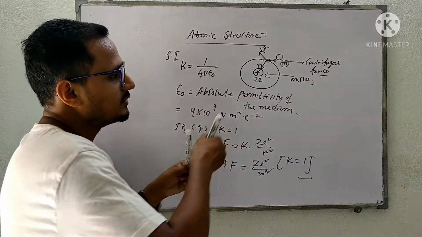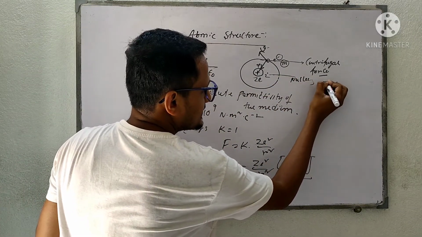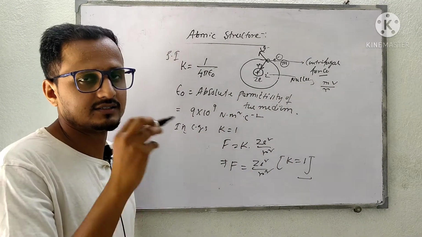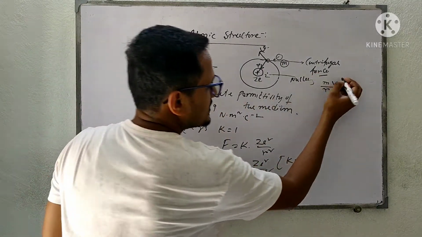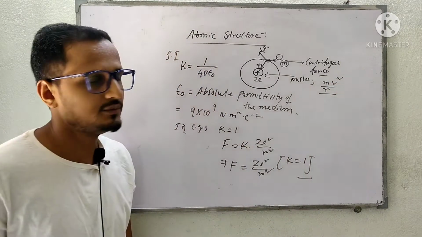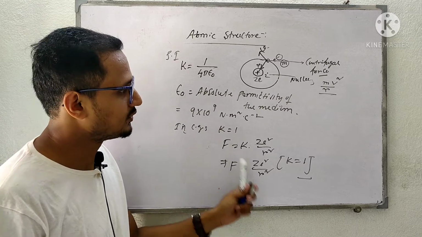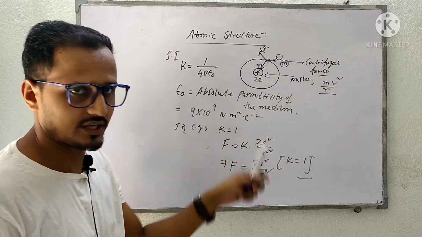For the particle moving with velocity v and mass m at distance r from the center of a circle, its centrifugal force is mv square by r. Now this mv square by r is equal to Z square by r square.